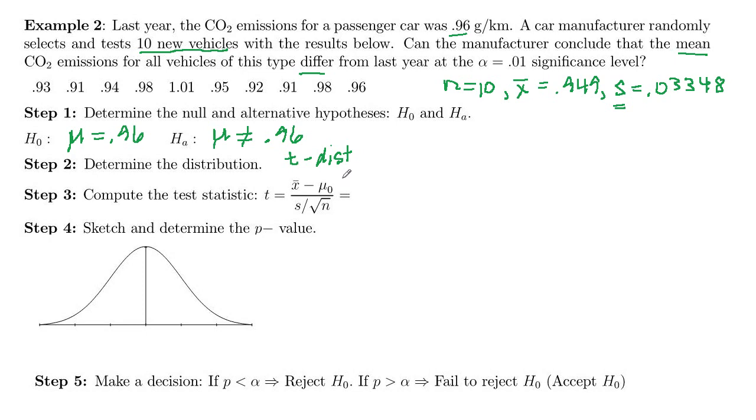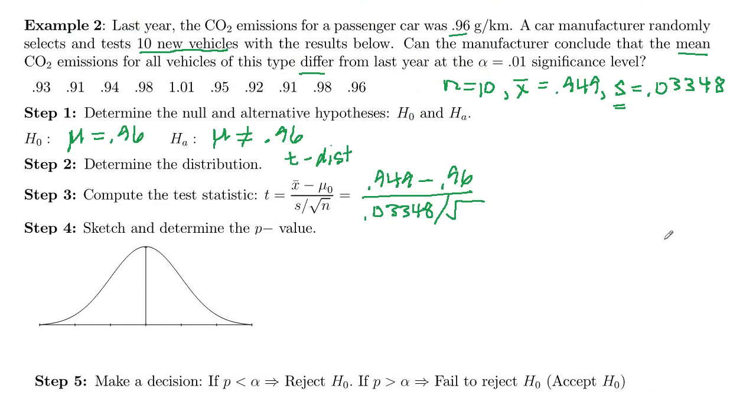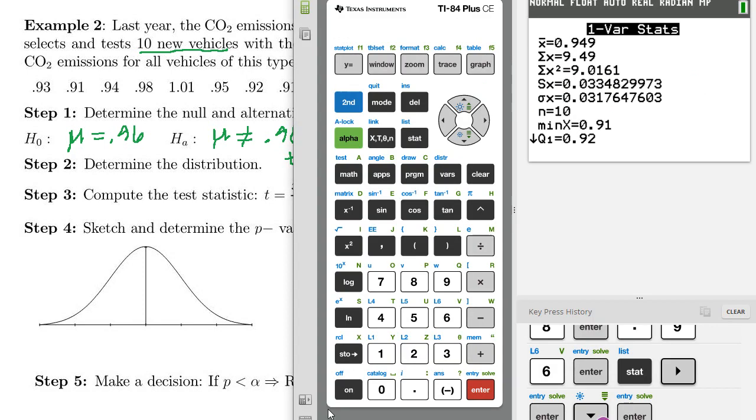Compute our test statistic, so our X bar, that is 0.949, minus our hypothesized 0.96, divided by S, which is 0.03348, divided by the square root of our sample size, and sample size was n equals 10 right here. Let's put that into the calculator.